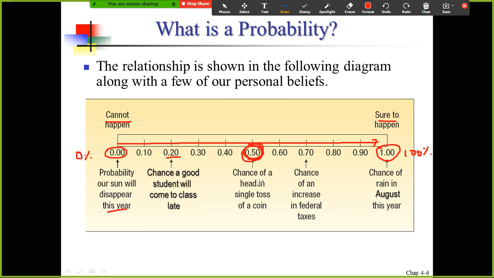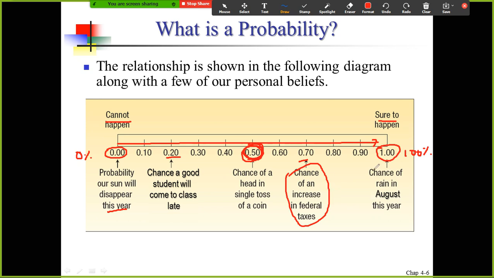That's why 50%, because there are only two faces. A chance of an increase in federal tax, 70%. The tax of one country can be increased. We can say 70% the tax will be increased this year.